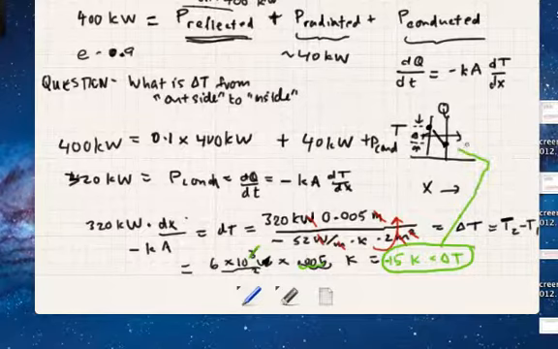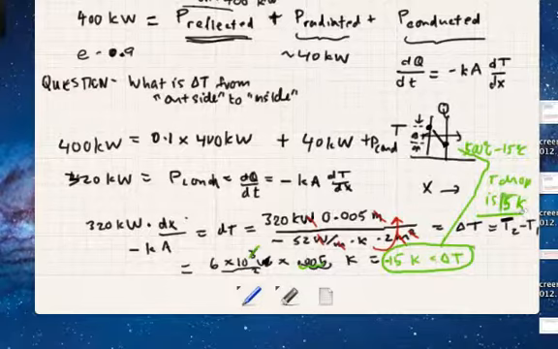This is 500 degrees C minus 15 degrees C, or 15 Kelvin. So the temperature drop is about 15 Kelvin. Now, I want to point something out. This is 2 significant figures; we really only have one. You can call this either 10 Kelvin or 20 Kelvin if you're not using a calculator.